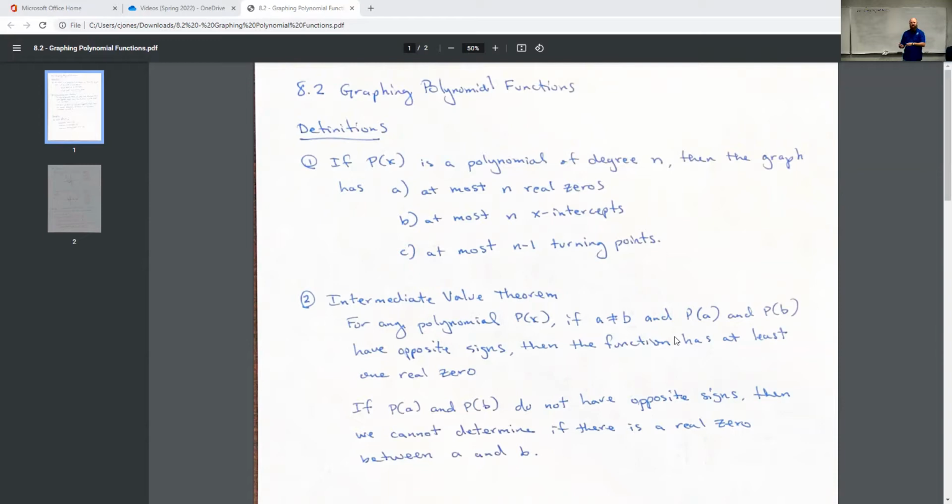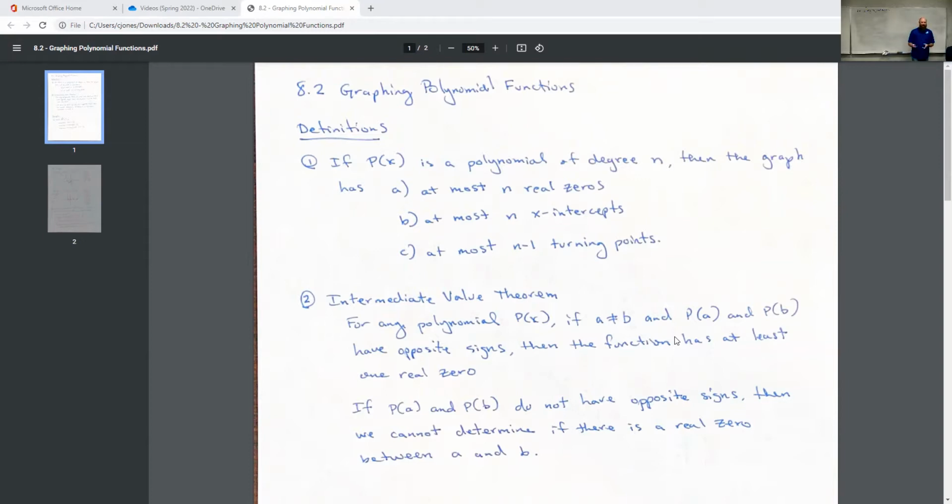And so it means it's crossing over. We're going from a positive y value to a negative y value as we move across. So it has to cross over that x-axis, which means there's an x-intercept, which means there's a 0 for those, okay? So we plug in 2 different numbers, and then our result, one's positive, one's negative. That means there must be a 0 between a and b somewhere, okay?